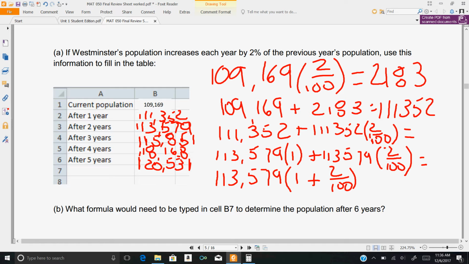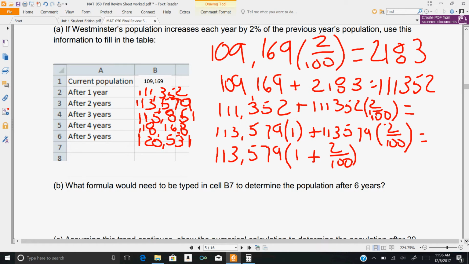So that kind of helps me with question B. Question B says, what formula would need to be typed into cell B7 in order to calculate the population after 6 years? I can just take B6, and I start with an equal sign because Excel won't do a formula unless you start with an equal sign.